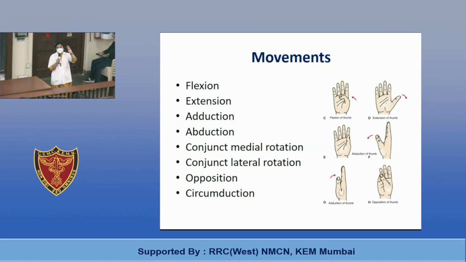From this position, you return your thumb to the normal position. This is reposition. These are the main movements occurring at the first carpometacarpal joint, and circumduction is a combination of all these movements.